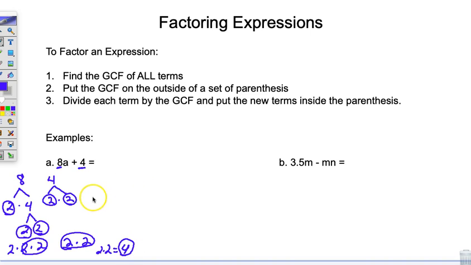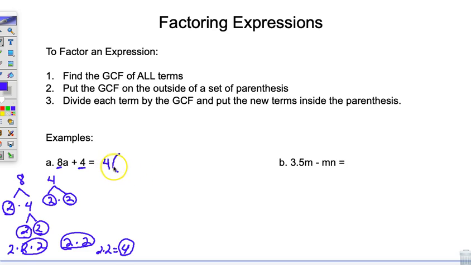So if the greatest common factor is a 4, I'm going to move on to step 2. I'm going to leave the 4 on the outside of parentheses. Now notice that only 8 has a factor of a right next to it, but the 4 didn't have one. So I can't pull out a as a greatest common factor. So the only thing they have in common is that factor 4. So now I'm going to leave it on the outside of parentheses.